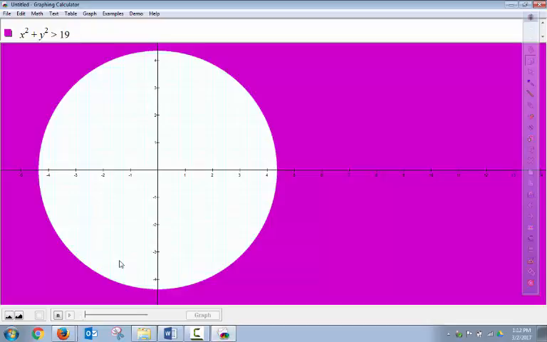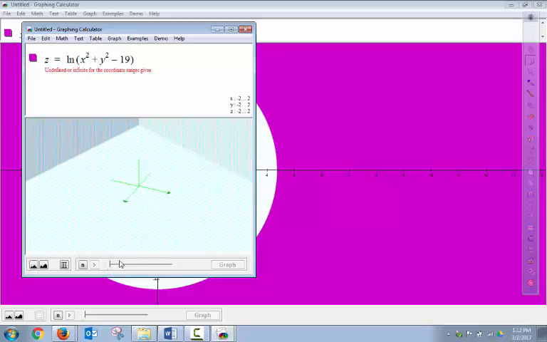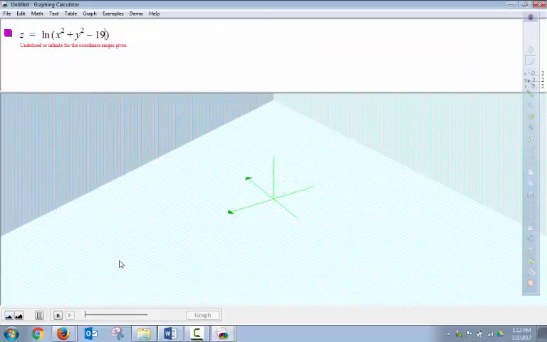If we actually look at the graph of that 3-dimensional thing, z or g of x, y, the function, we'll call it z equal to the ln of x squared plus y squared minus 19. We don't see anything. I have to zoom out a little bit.